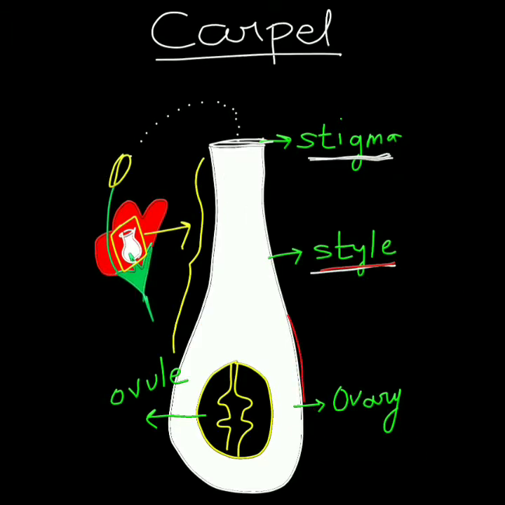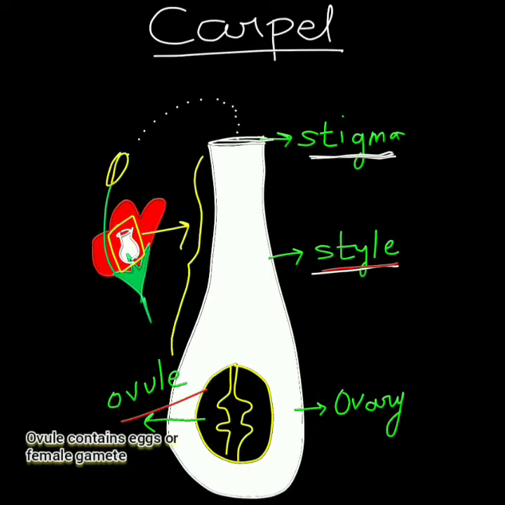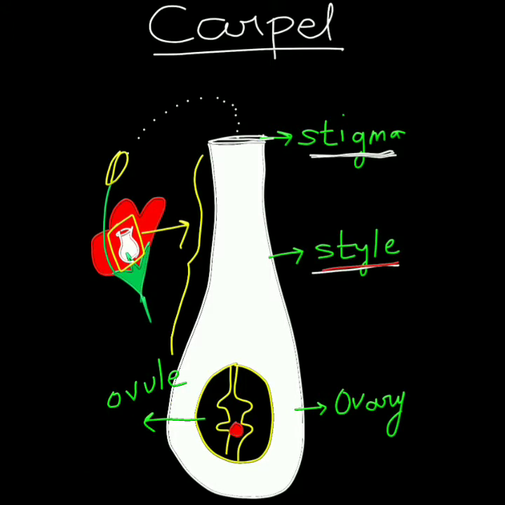Next, this swollen base of the gynoecium is called ovary and it has ovules. And this ovule contains eggs, or we also call it female gamete. After fertilization, the ovule forms seeds and the ovary turns into a fruit.